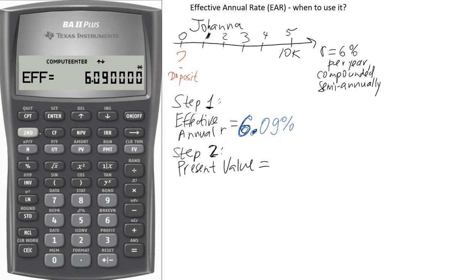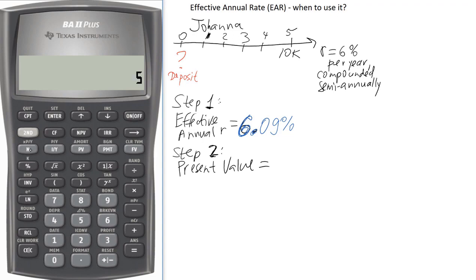So let's again clear it. Second plus minus enter. Okay, so let's find the present value. We know that the future value is given, $10,000. Press 10,000, make it negative, and then press FV. We have 5 years between how much is deposited and what it needs to grow to.